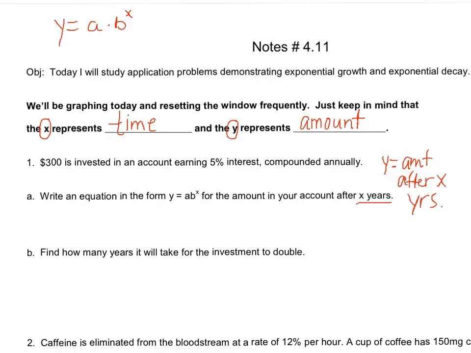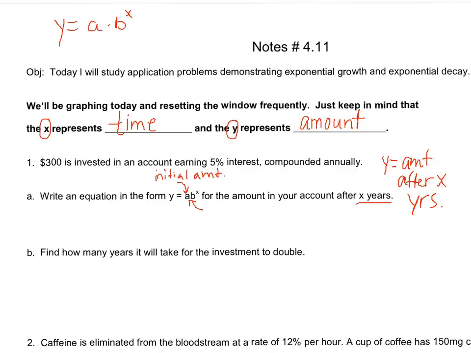Okay, so let's first write our equation. If you remember, a represents your y-intercept. So in this equation, a needs to represent the number when the time is 0. So this a is going to represent our initial amount. And then b is going to represent 1 plus or minus the percent.